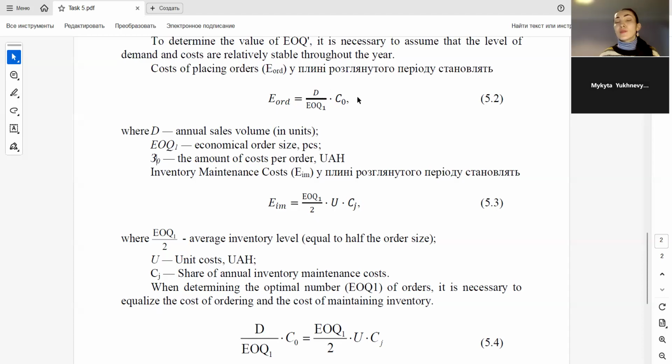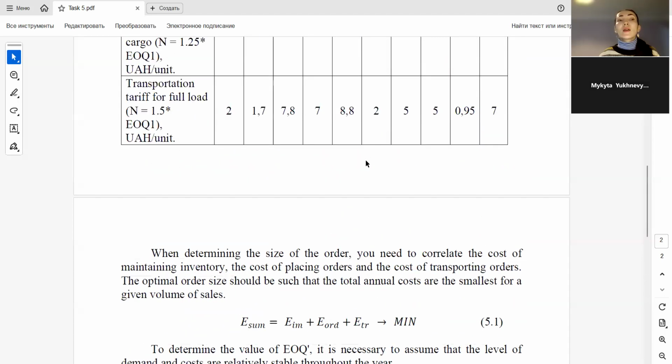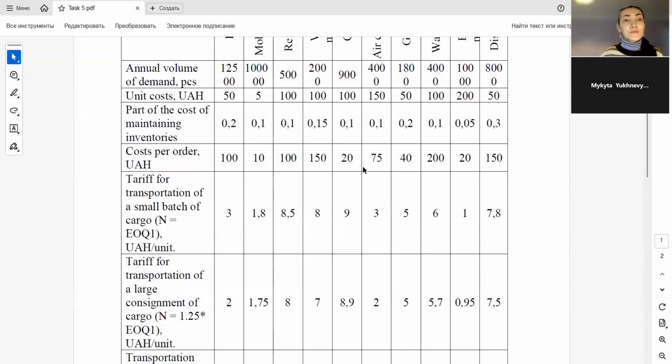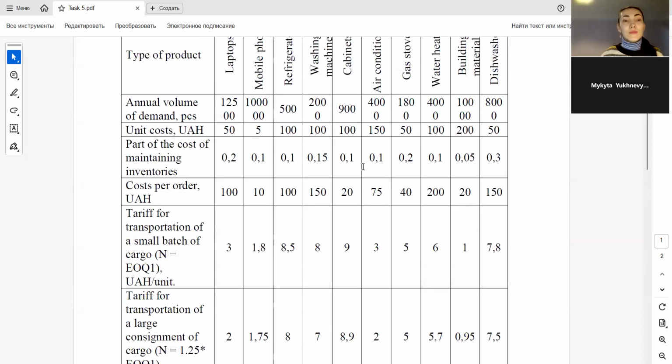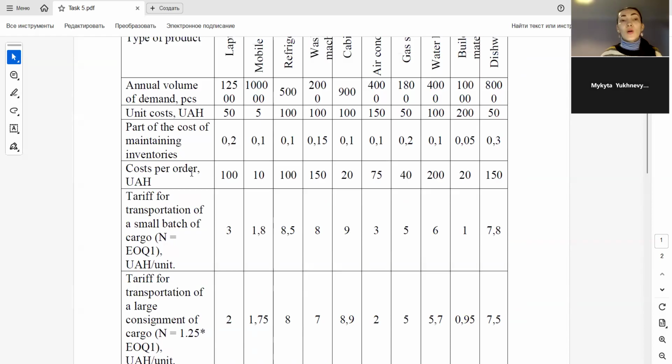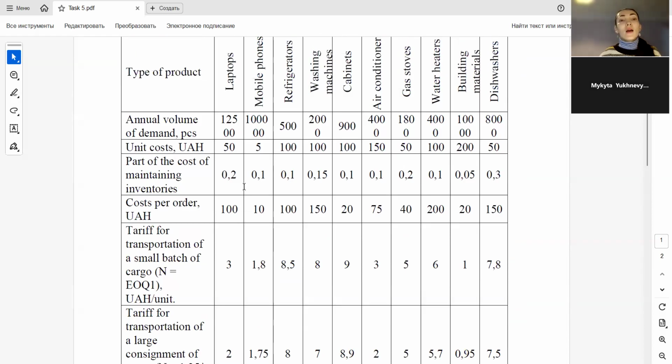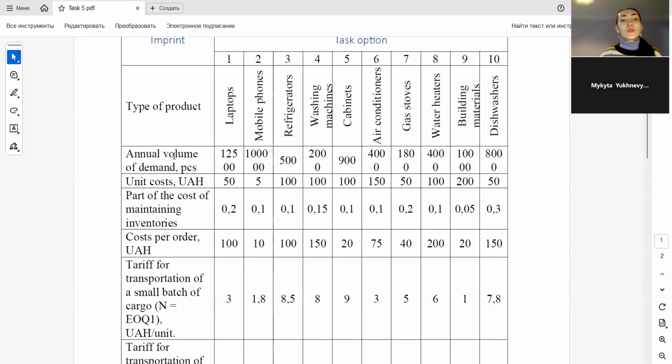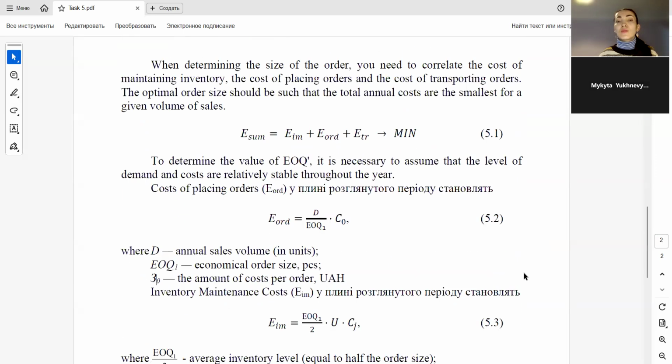So we find C with index 0. It is the amount, the cost per order. It is our sixth line of our table. For first variant, 100 hryvnias, for second 10, and other values. Please find it for your variant. I come back to formula.